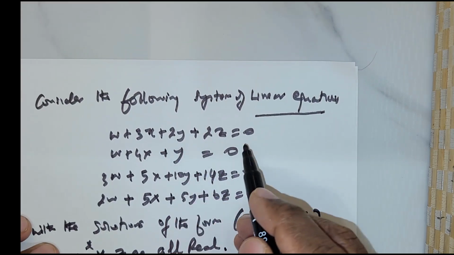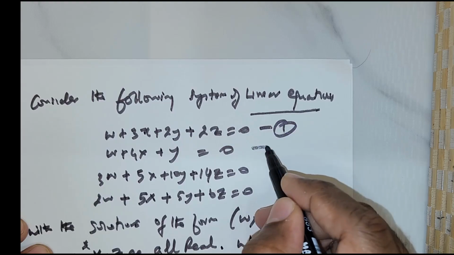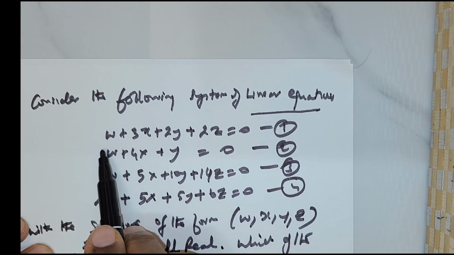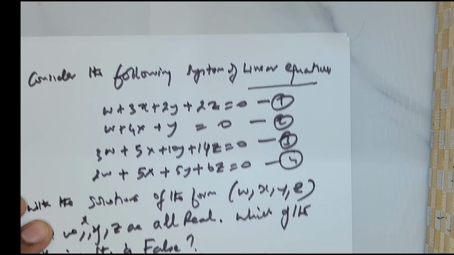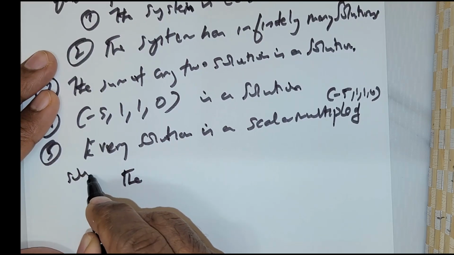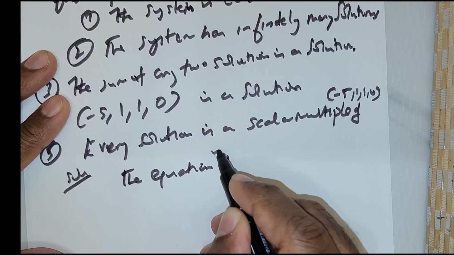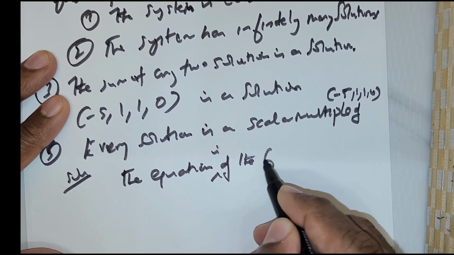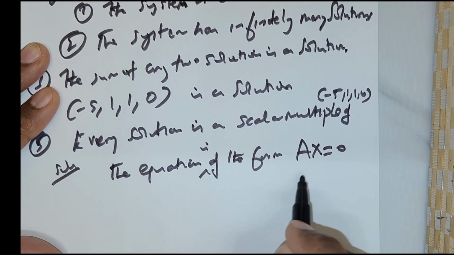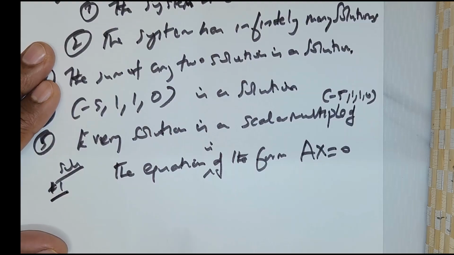Foremost, we are given a linear system, in other words, linear equations: equation 1, equation 2, equation 3, equation 4. Now study the equations. What do you see? The system is of the form AX equal to 0. This is point number 1.